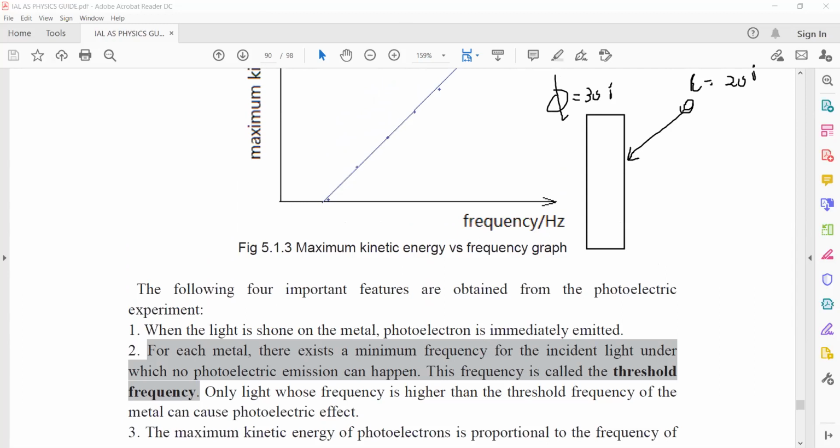If the energy of a photon is 20 joules and the minimum energy which the electron requires is 30, there is no photoelectric effect, because the energy of a photon is not sufficient to cause this emission. So that's why the electron will not come out.